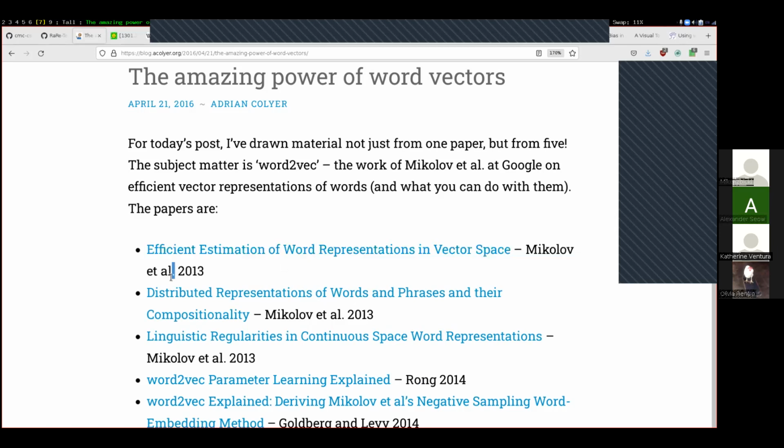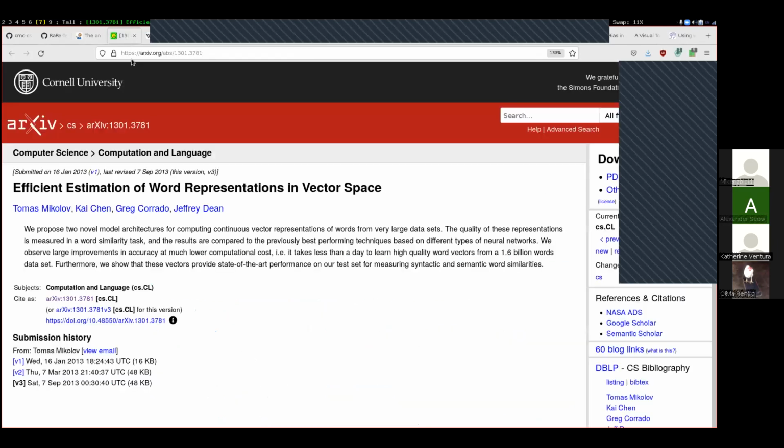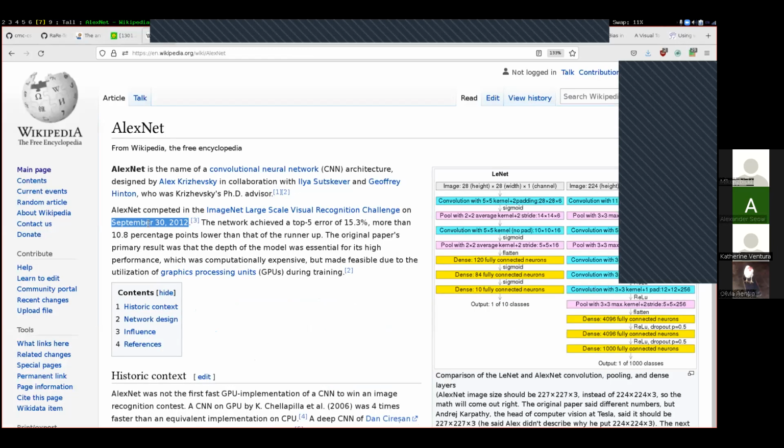The timing of this, 2013, happened just months after the AlexNet deep learning system for ImageNet came out, which we talked about during the transfer learning topic. This paper was published January of 2013, AlexNet at the end of September 2012.